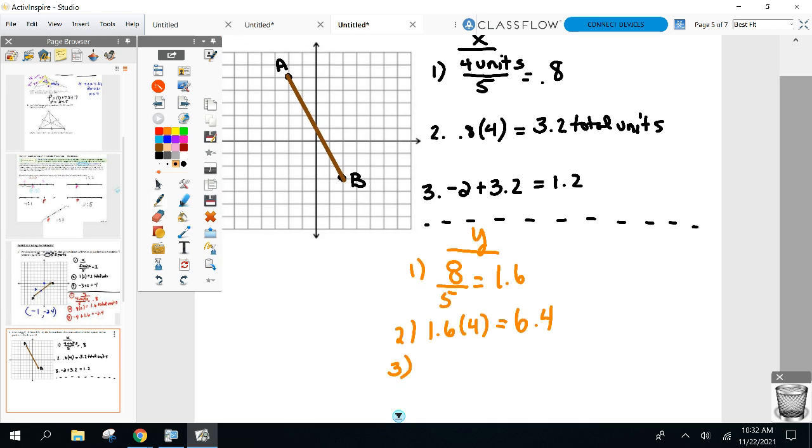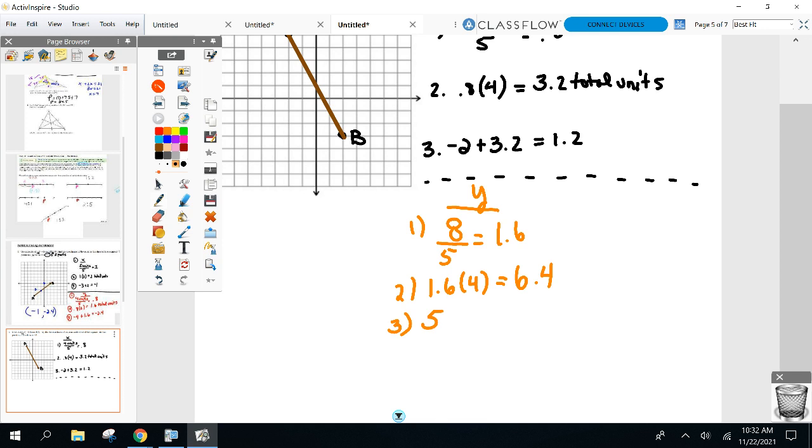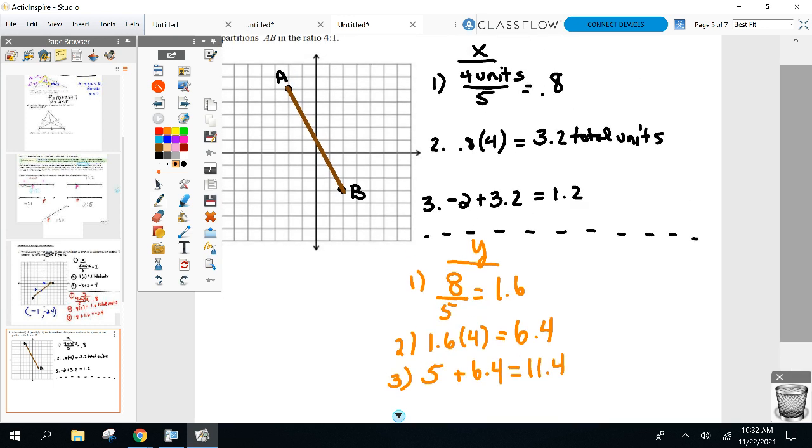So from 5, I might have a problem. I might have a problem when I check this. 11.4? 11.4? Way up here.